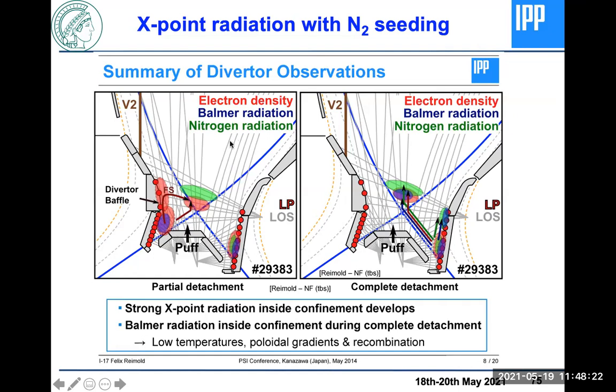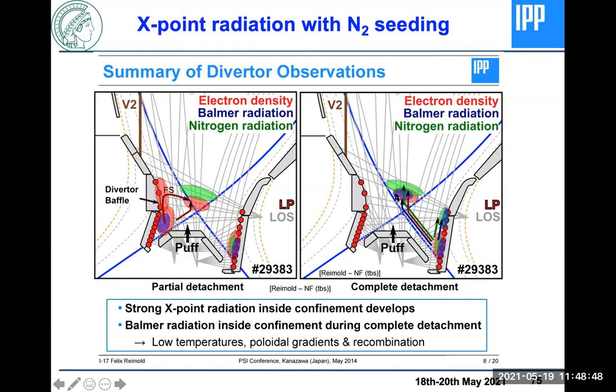As you increase the nitrogen, first you see the movement of the electron density to the export area. And then later you see the movement of the Balmer radiation to this export area. And at the same time, you see that the region where the nitrogen radiates moves slightly inward. There's a small shift inward.